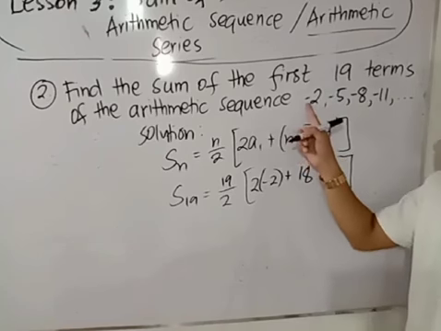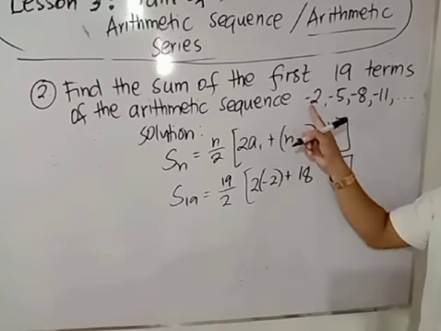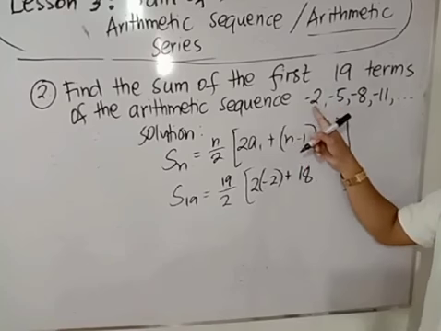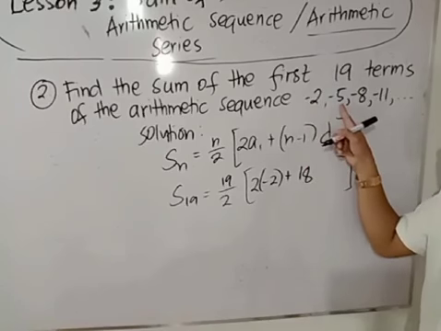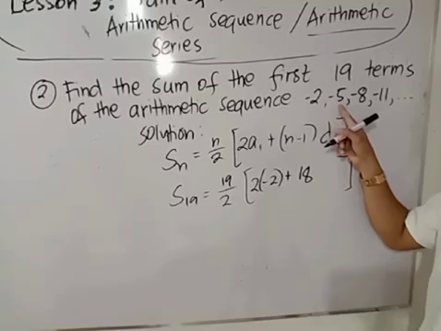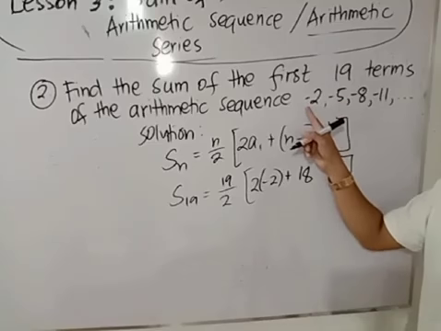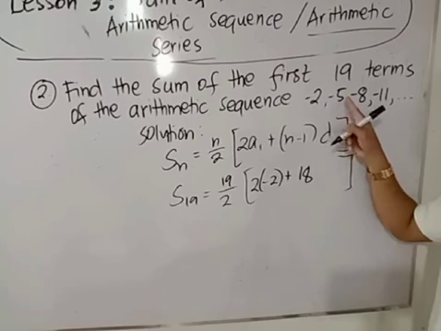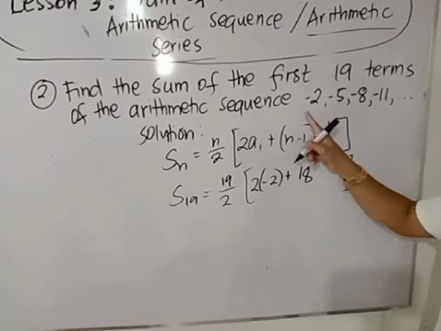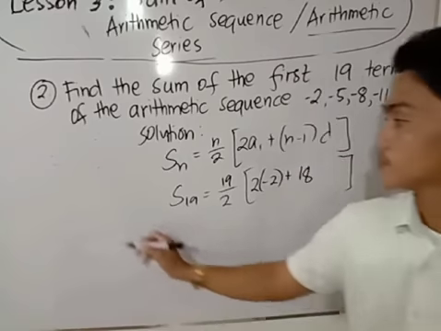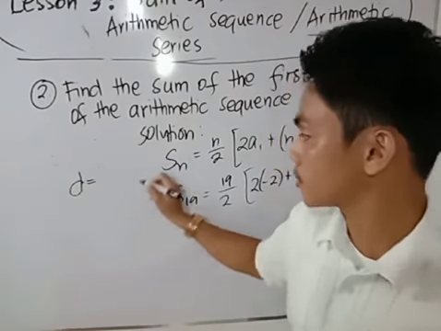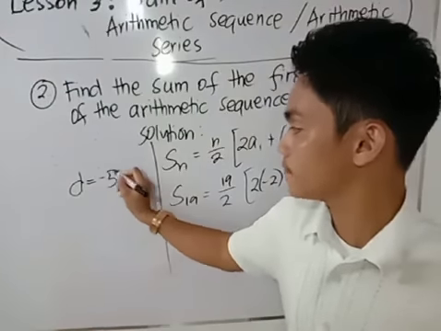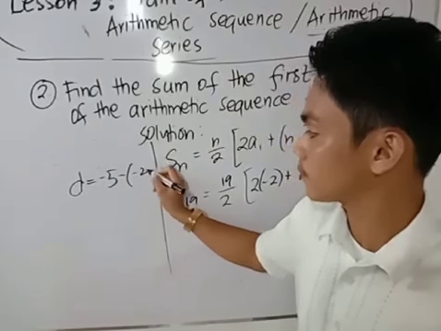The common difference is the number that we add to negative 2 to become negative 5, or in reverse, the number that we subtract from negative 5 to become negative 2. So to get the common difference, the same procedure: negative 5 minus negative 2.